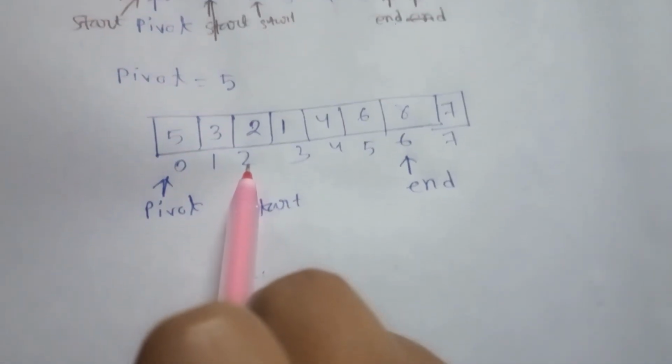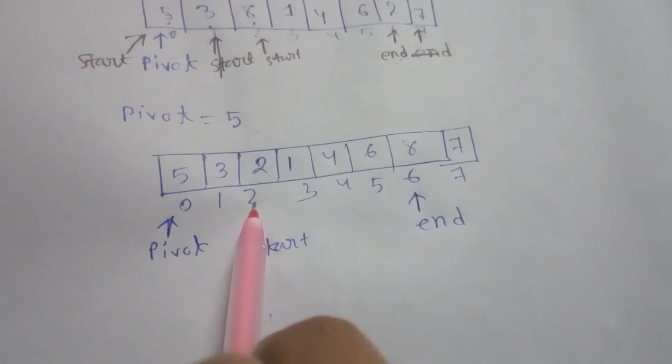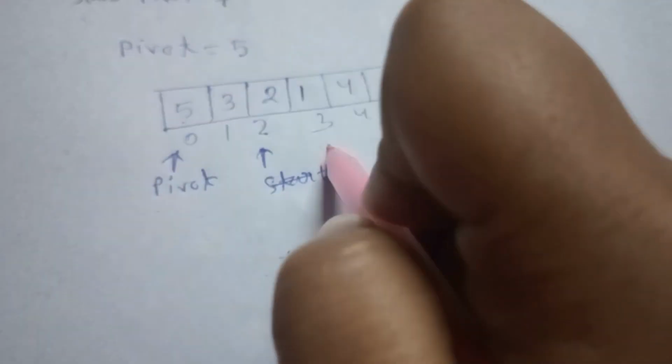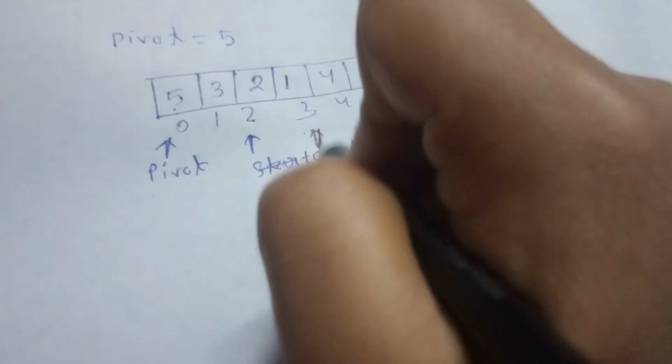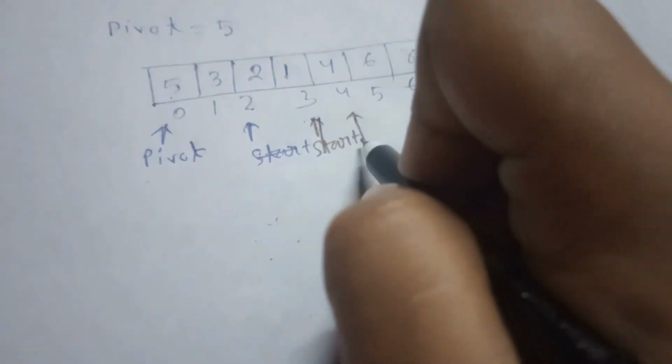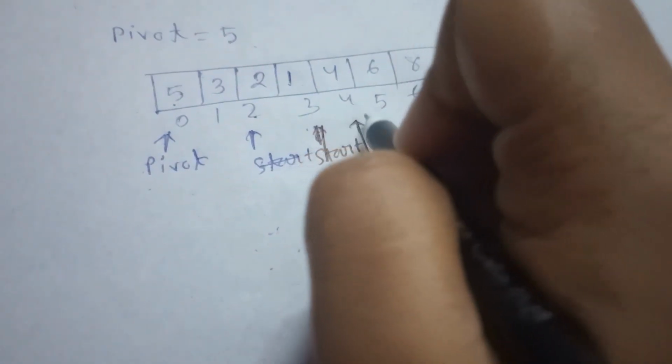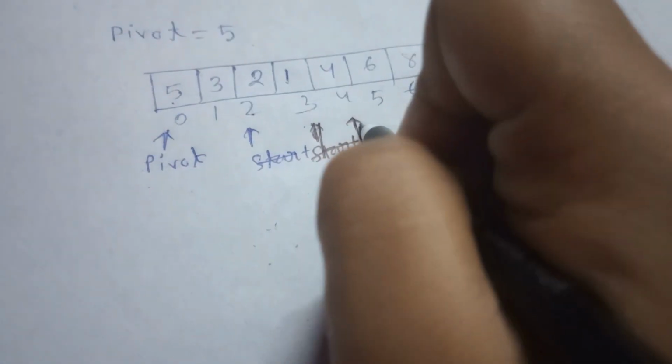Now 2 less than 5, true, so increment start. Now start is here. 1 less than 5, true, so increment start. 4 less than 5, true, so increment start.